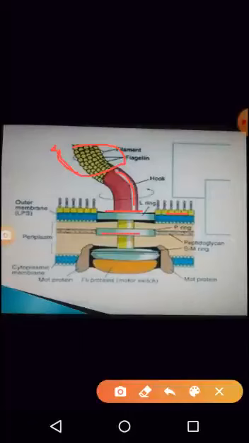Here you can see the second outer ring, that is the P ring, which is inside the peptidoglycan layer. This becomes the periplasmic space, and these are the S and the M rings. Now these S and M rings are clamped inside proteins called the MOT proteins. So these proteins hold the S and the M rings.